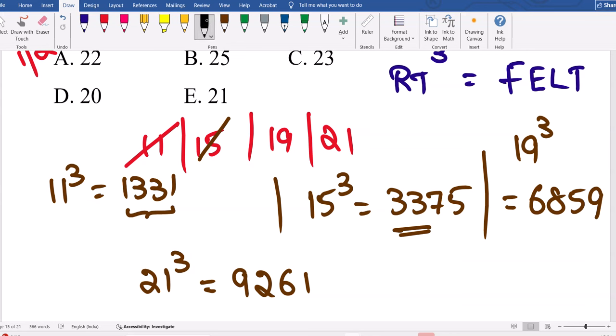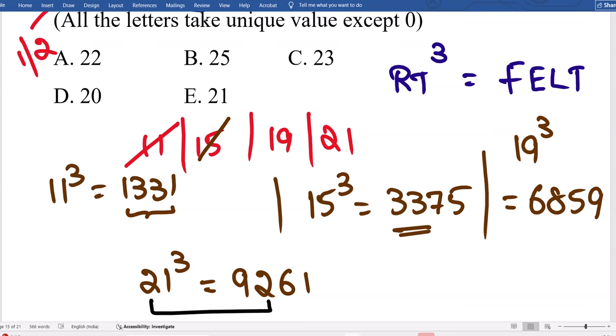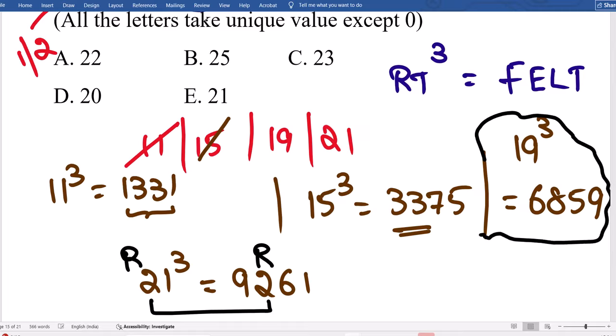Here R is 2, and 2 means R is required here and here. In 21, R is 2, then it requires R here, but in felt all letters are different and no R is involved. So this is again a very good question. 19 cube will satisfy all your conditions.